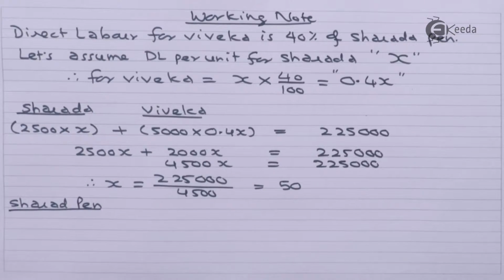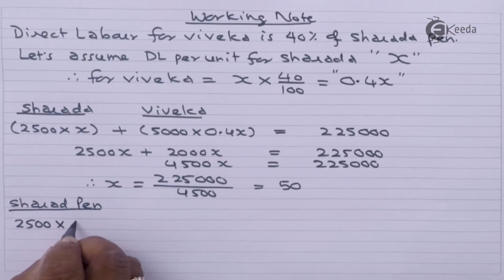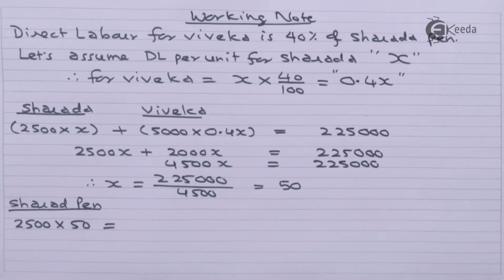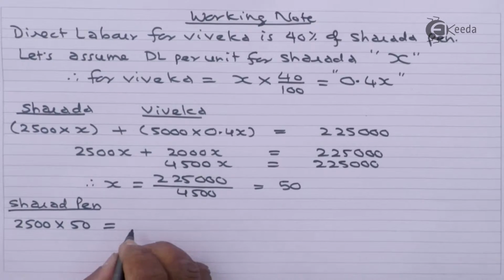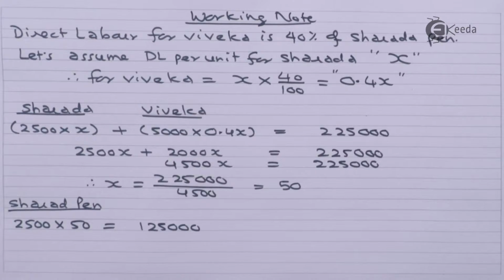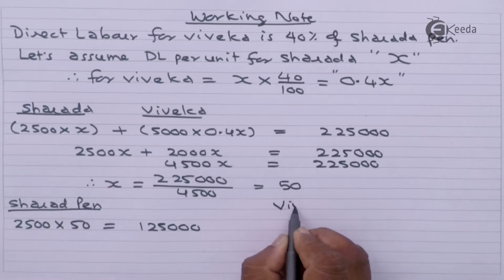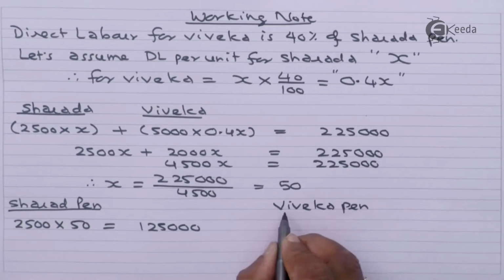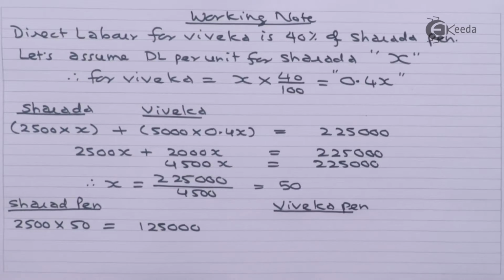In case of Sharda pen, per unit direct labor will be rupees 50. Total units produced 2500. It comes to rupees 1,25,000. In case of Vivek pen, it is 40% of x, 0.4x.